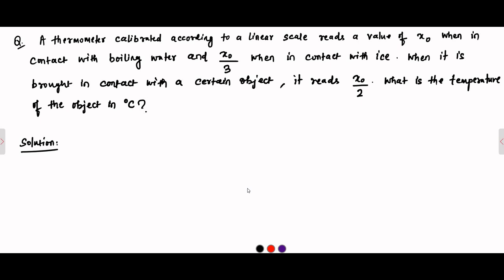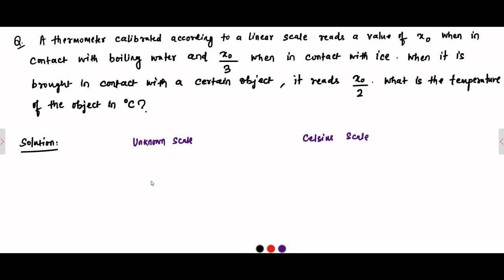Okay, so here there are two things. First, we have an unknown scale, and then we have the final result, which is asked in Celsius scale. So we have to perform conversion in between these two.